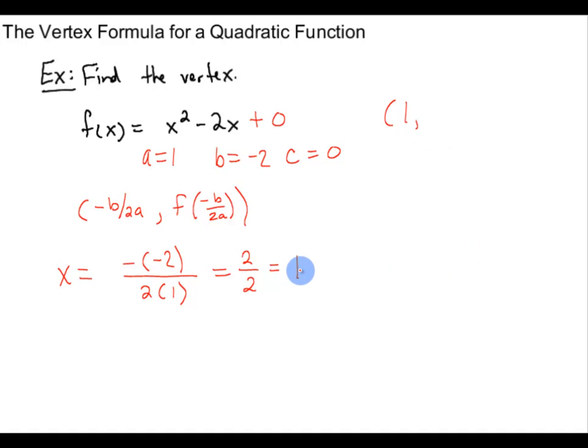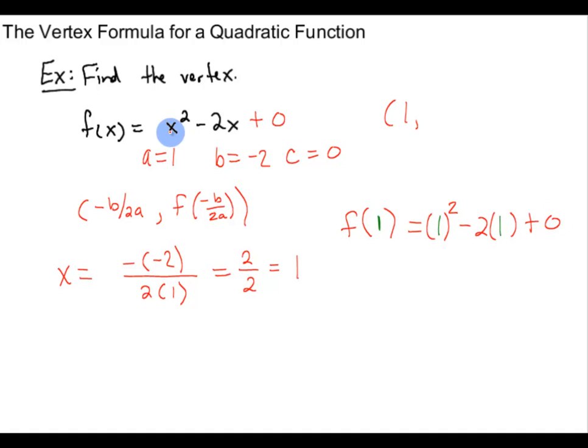That's pretty easy, because now we just put it back into the function to find the y value. So f of 1: everywhere I see an x, I write a 1. So f of 1 equals 1 squared minus 2 times 1 plus 0.